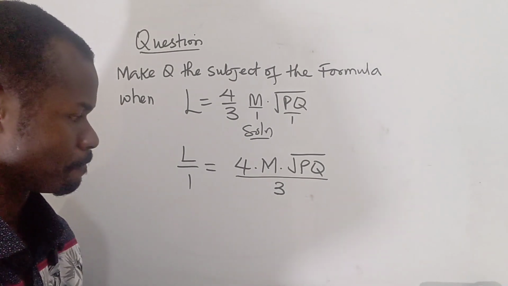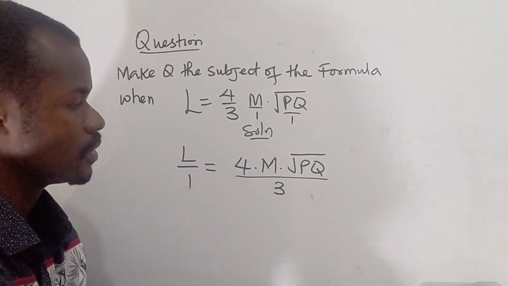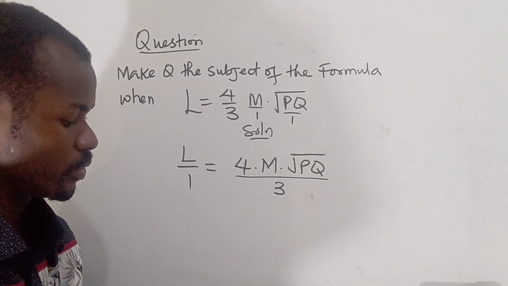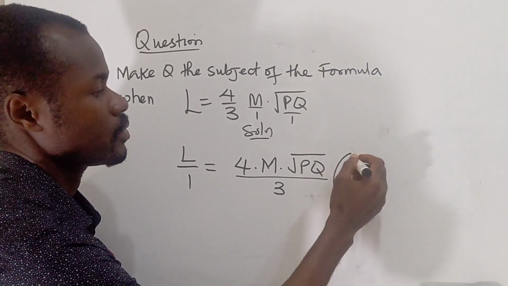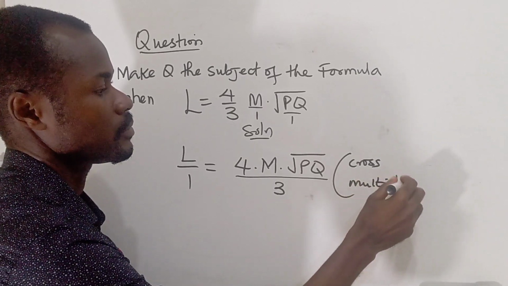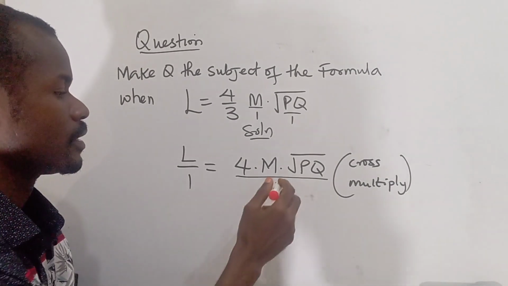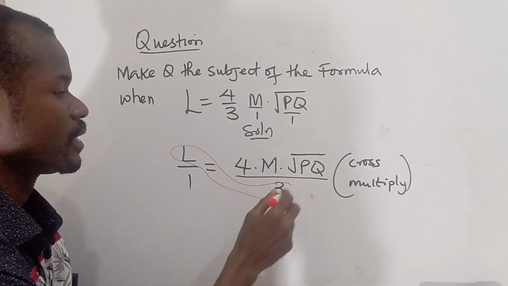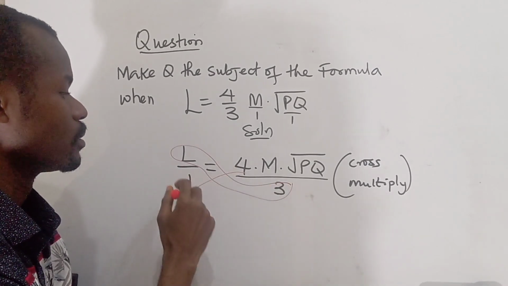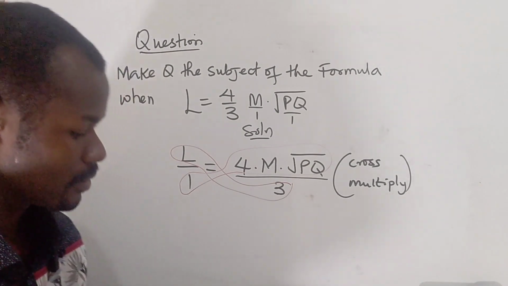Now from this, they have denominators as 1 and 3, so what I can simply do is cross multiply. What I mean by cross multiply is this 3 is going to multiply L, and 1 is going to multiply all this. Let's see what that gives us.